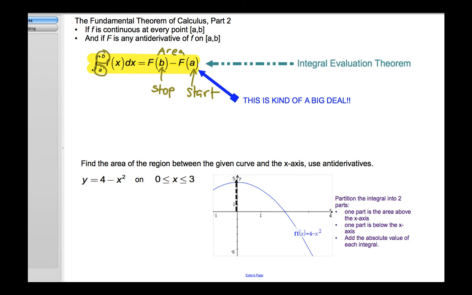And then let's get another guy on there from 0 to 3. So now we're looking out here at 3. So right about here.